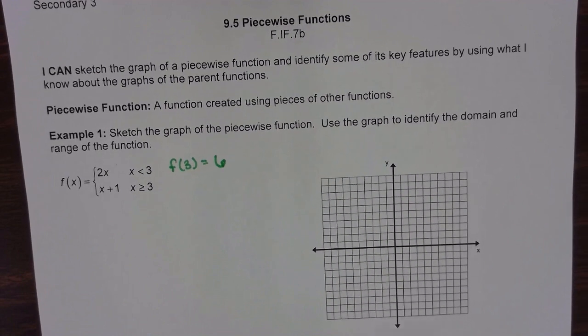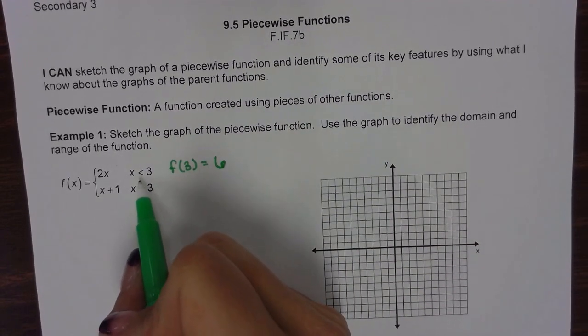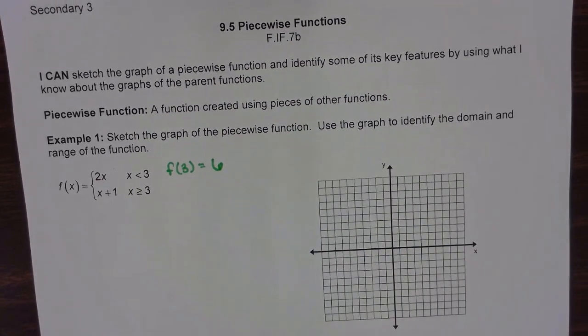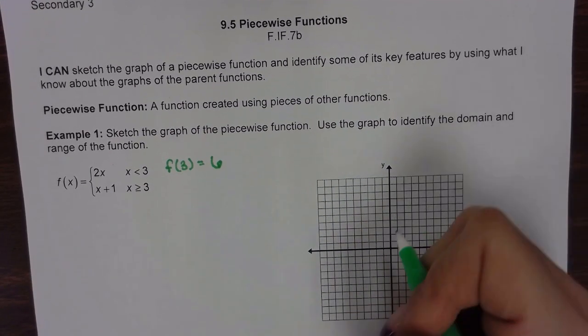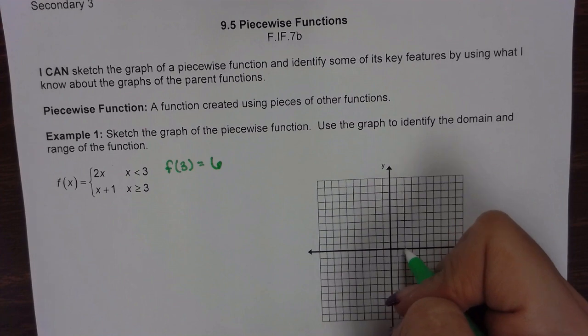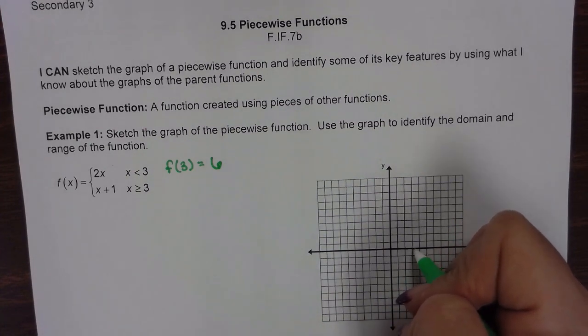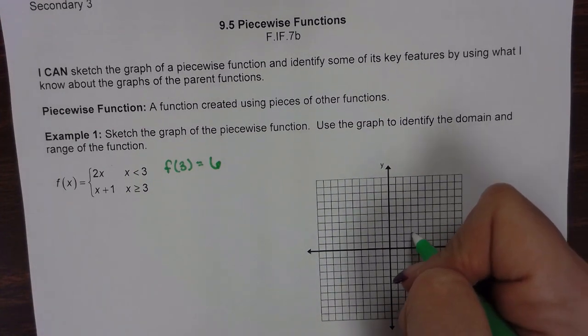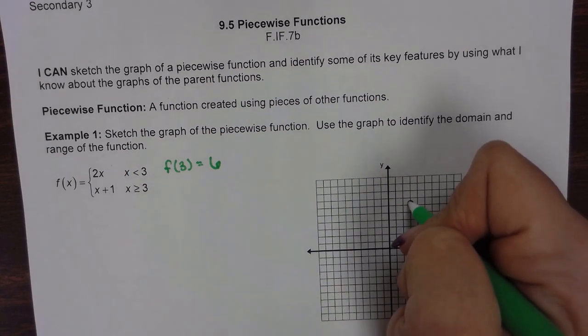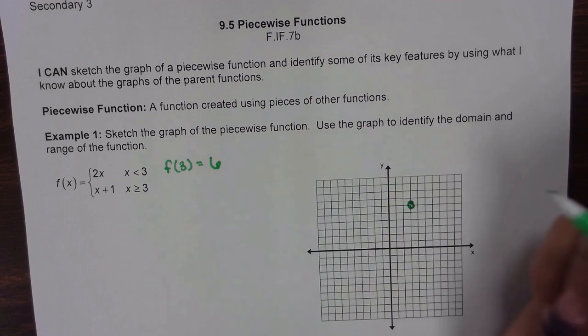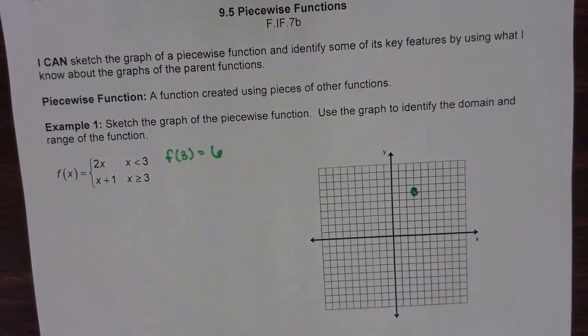The other thing I want you to realize is it's not equal to. When we have not equal to, it means that point is open. So I'm going to graph that: 1, 2, 3, and I go 1, 2, 3, 4, 5, 6. Again, I have an open dot there.